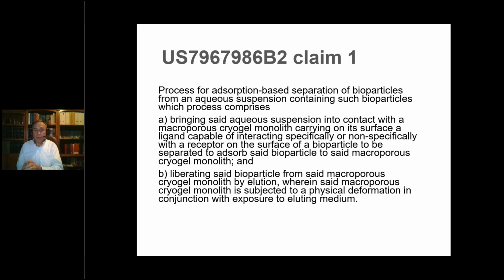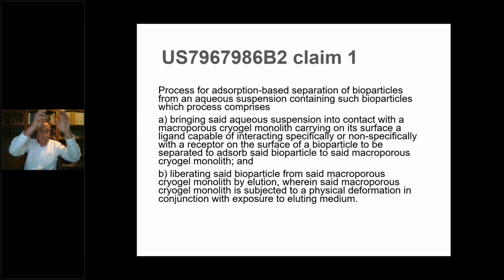Okay, so what are they doing here? So we have an aqueous suspension that has bioparticles in it, okay? And then we have a thing called a macroporous cryogel monolith with little handles, ligands. And the handles on the cryogel monolith will match the handles on the bioparticles.